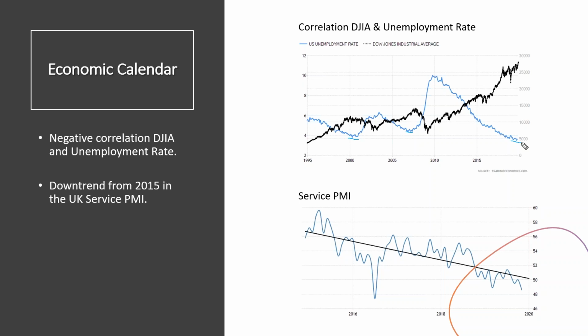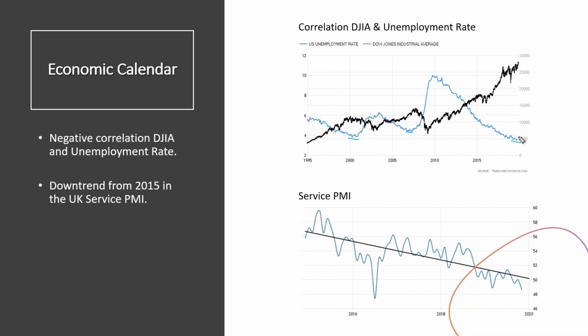That's why it's so important to pay attention to the unemployment rate, because at the moment that the American economy switches and a potential crash is starting, we will see the switch between the unemployment rate and the Dow Jones or the S&P.